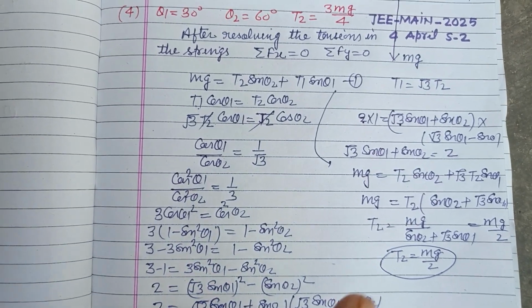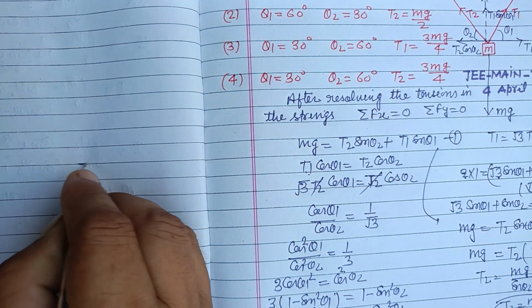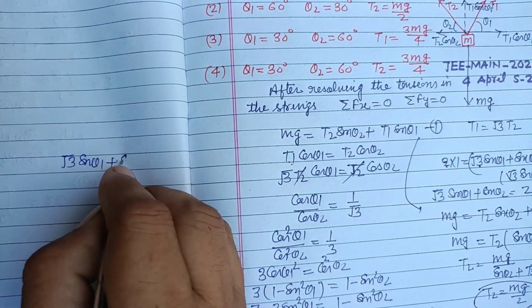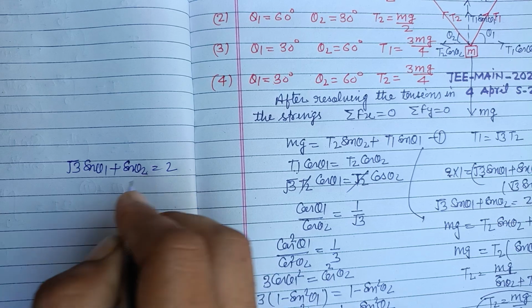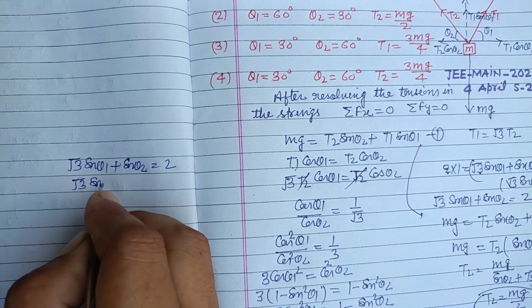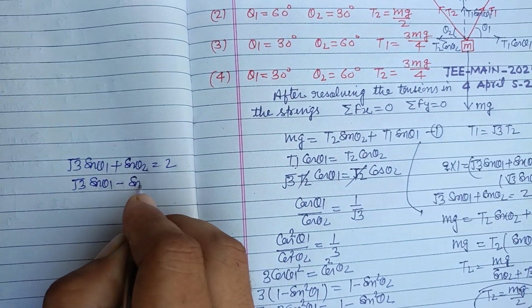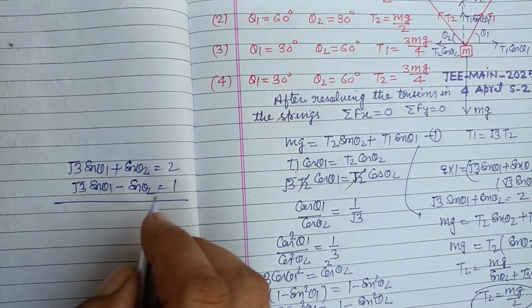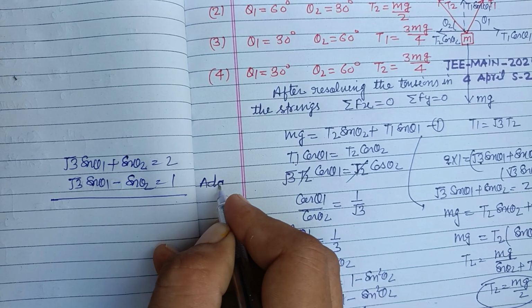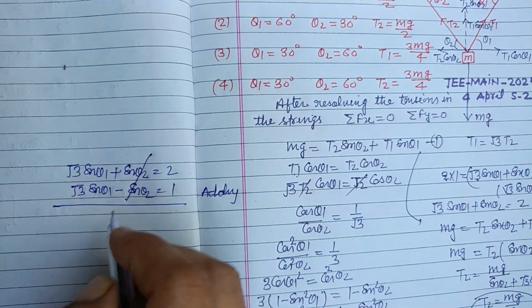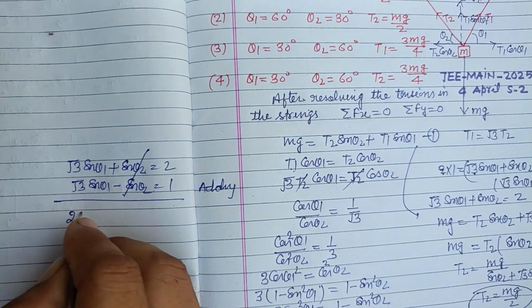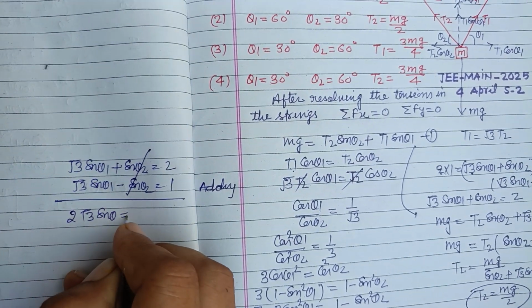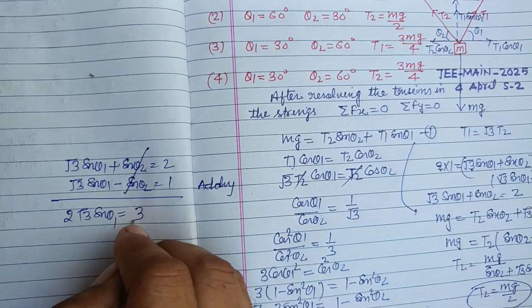Now if we solve these two, root 3 sin theta 1 plus sin theta 2 equal to 2, and root 3 sin theta 1 minus sin theta 2 equal to 1, and solving these after adding, we get 2 root 3 sin theta 1 equal to 3.